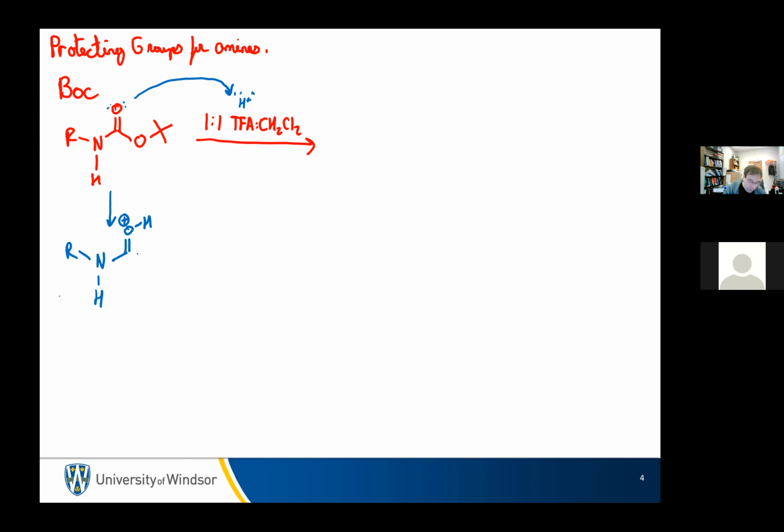So you get the protonated carbonyl. That shouldn't be too much of a surprise. You can draw a resonance structure of that. And now you take advantage of the fact that you actually do make a carbocation because it can be trapped.